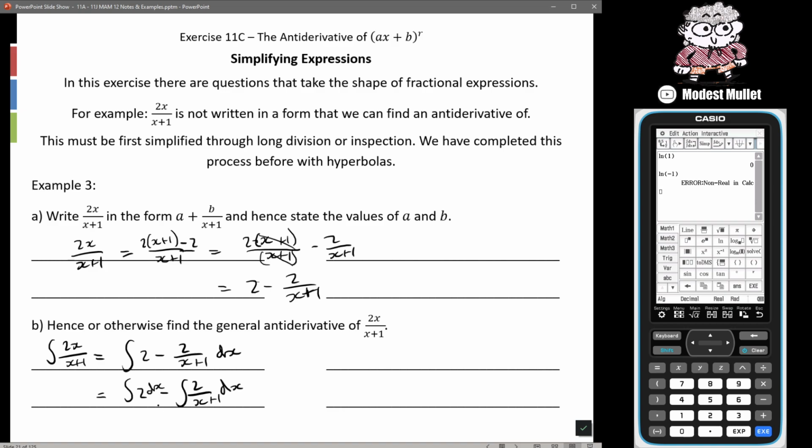Well, the antiderivative of 2 is just going to be 2x minus the antiderivative of 2 on x plus 1. That's going to be the 2, and then log e of the absolute value of x plus 1. We don't need the dx, and we just need a plus c.